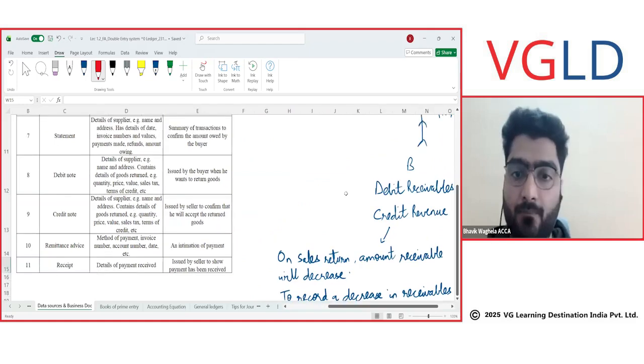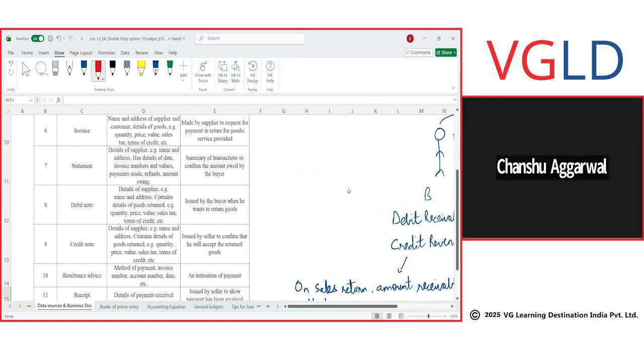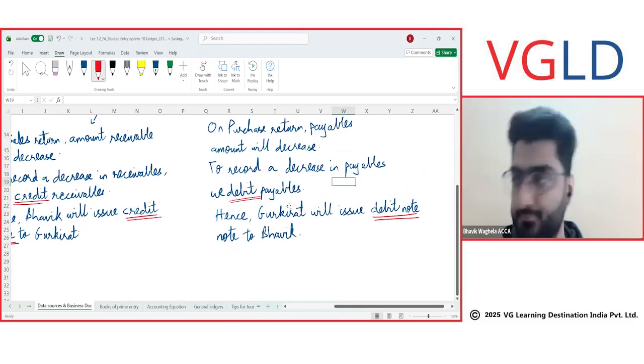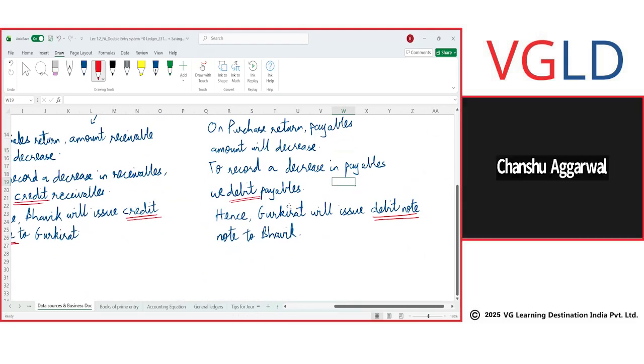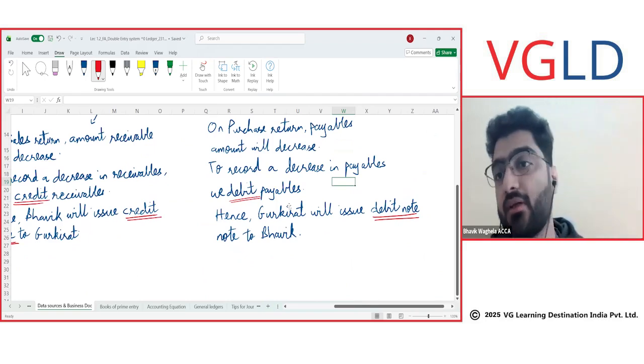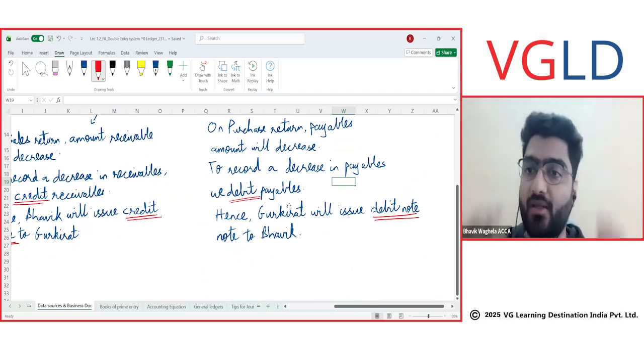For the purpose of documentation, do we need to keep both the documents? Yes, for audit purpose. In practical life, there will be two files available with the client, the debit note and the credit note, so you can cross match them, that this debit note is confirmed by this particular credit note.